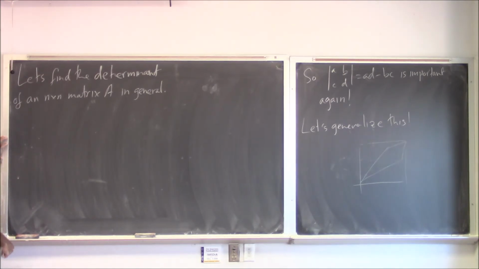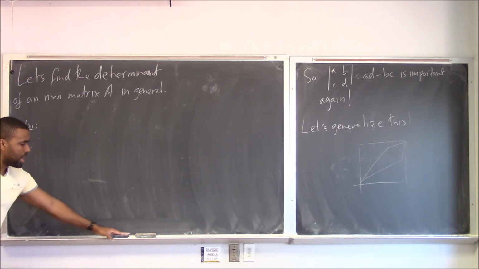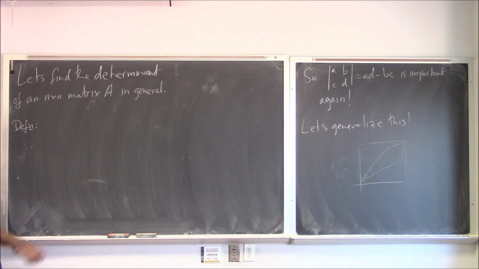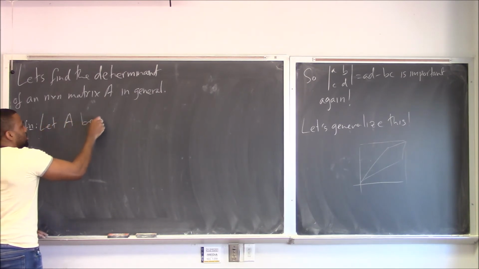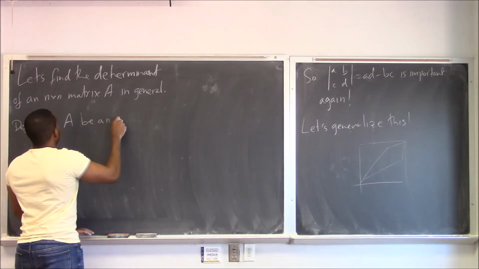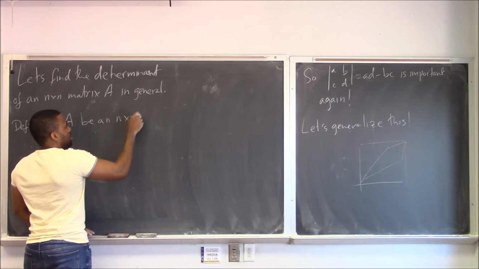And so here's what we're going to do. We're going to do some definitions first, so that when I write down the definition, it'll make sense. There are things called minors and cofactors. Let A be an n by n matrix.